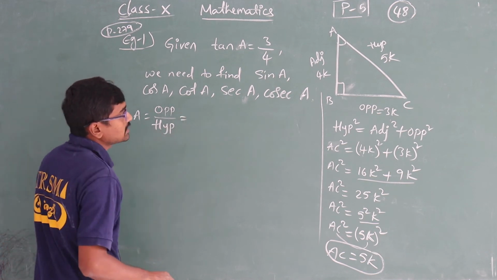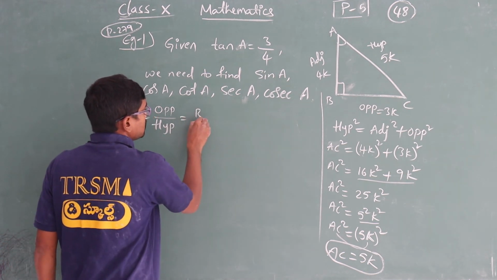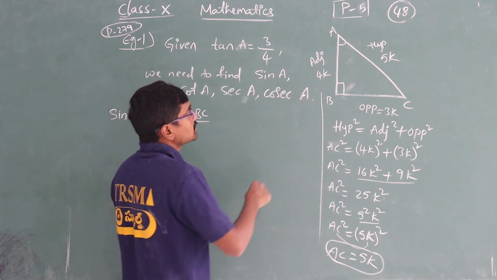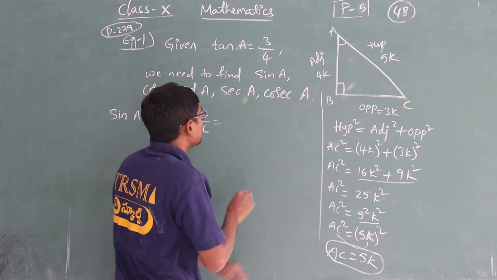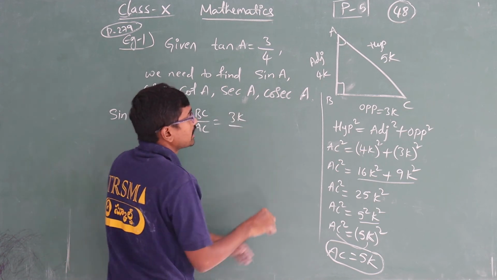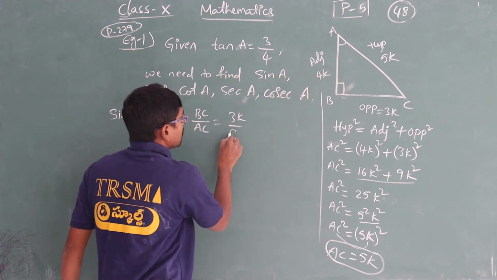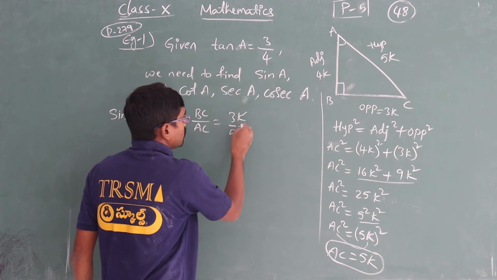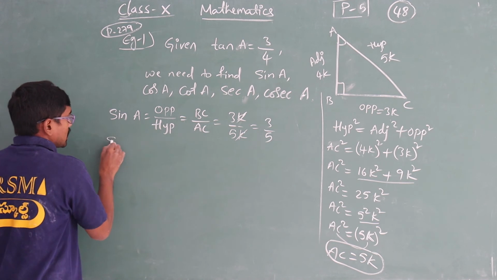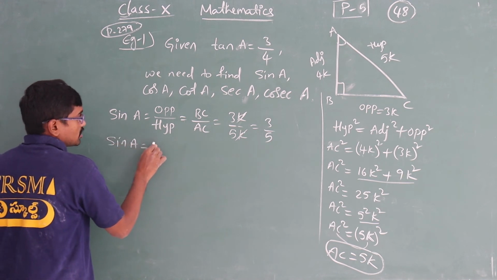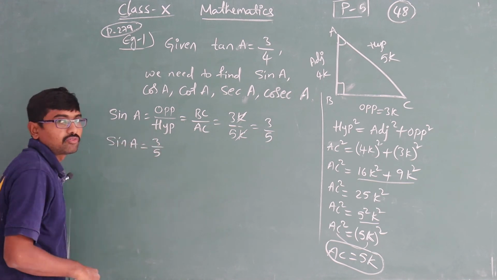So what is the opposite side here? Opposite side is BC divided by hypotenuse side, which is AC. So opposite is 3k and hypotenuse is 5k. If I cancel this both, I will be getting 3 divided by 5. Okay, so here I have got sin A is equals to 3 divided by 5.